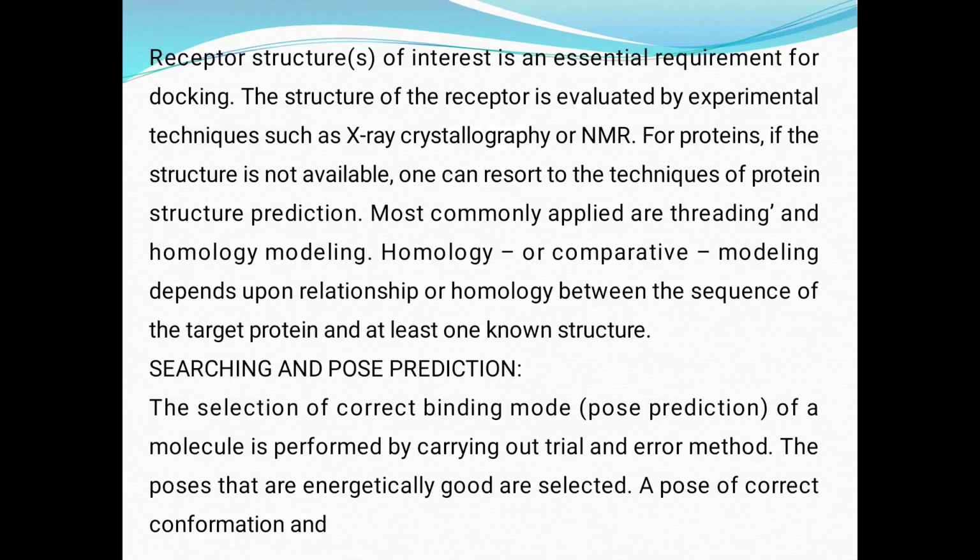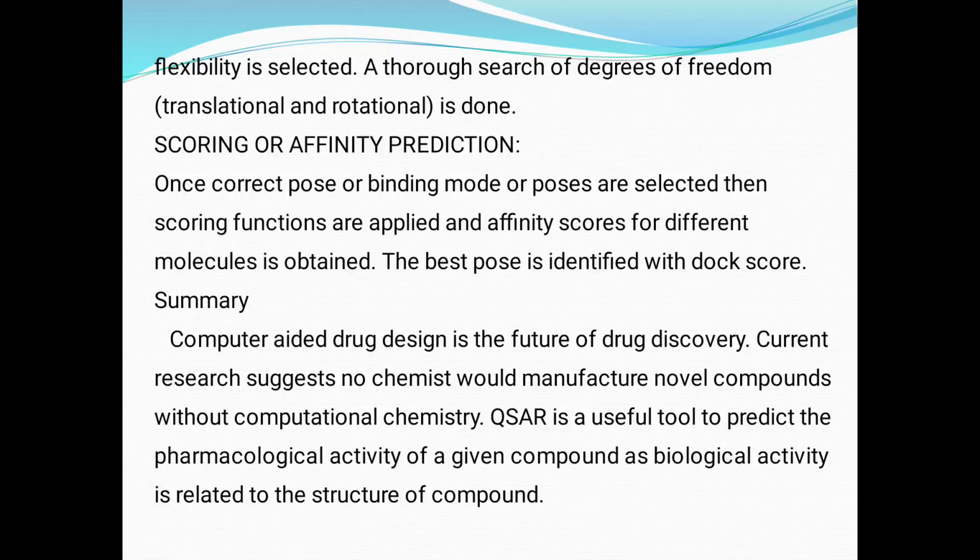This is done by trial and error, and for molecules that have energetically good poses, that pose is selected. A pose of correct conformation and flexibility is selected. A thorough search of degrees of freedom is done, and after that scoring functions are applied. Once the scoring functions are applied, the best pose is identified with the dock score.